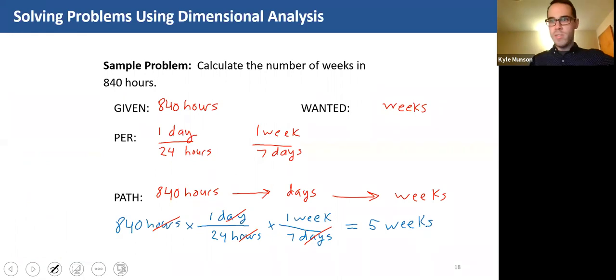Okay, so let me just double check that. It's been a little while since I double checked these problems. 840 divided by 24 divided by 7. Yep, 5 weeks. So there's 840 hours in 5 weeks. All right, so again, I hope you did that on your own and you got the same answer as me. Let's do another problem.